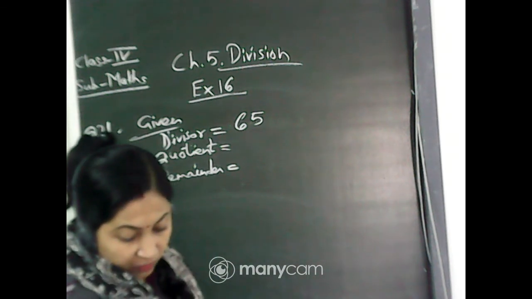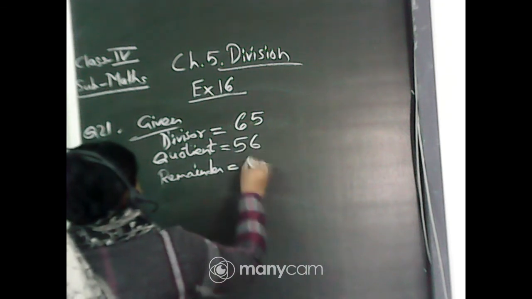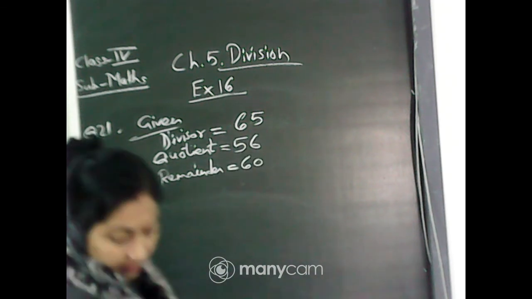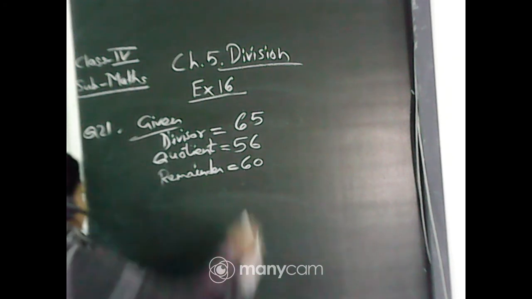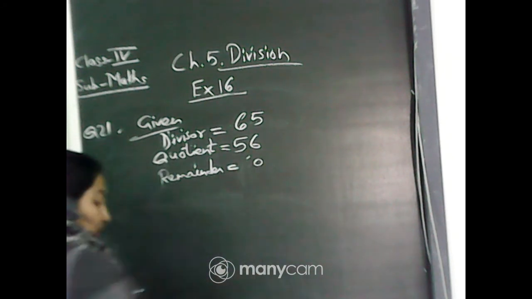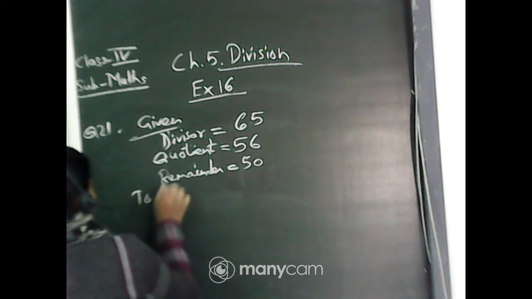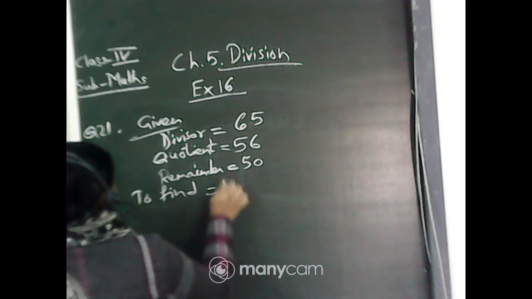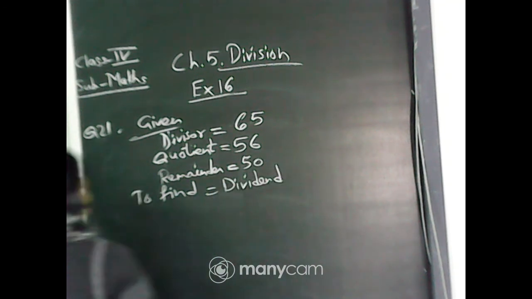Divisor 65, quotient 56, and remainder is 50. Yes, to find dividend. So let us put it in the formula.